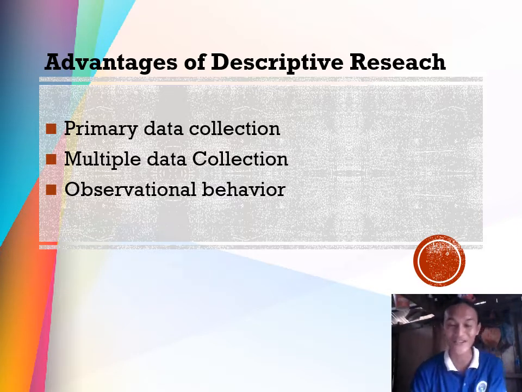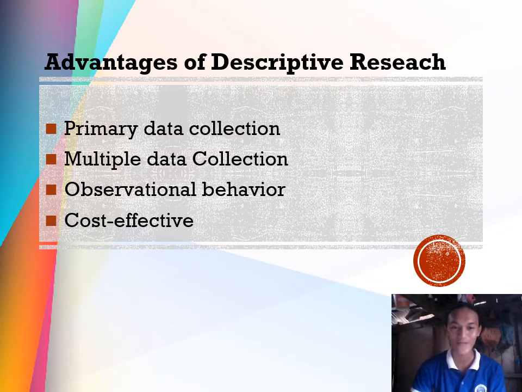This is where we get the concrete evidence of the event that the person has done at that time. So we record the observed behavior of that particular subject. That's the concrete evidence for the descriptive research. We must get the evidence in order to be believable.